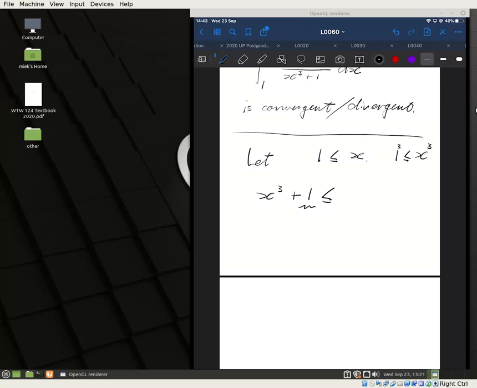This is because the function that sends x to x cubed is monotone, and 1 cubed is of course 1. So this 1 is less than or equal to x cubed as well. So we get that x cubed plus 1 is less than or equal to x cubed plus x cubed, but that is just 2x cubed.